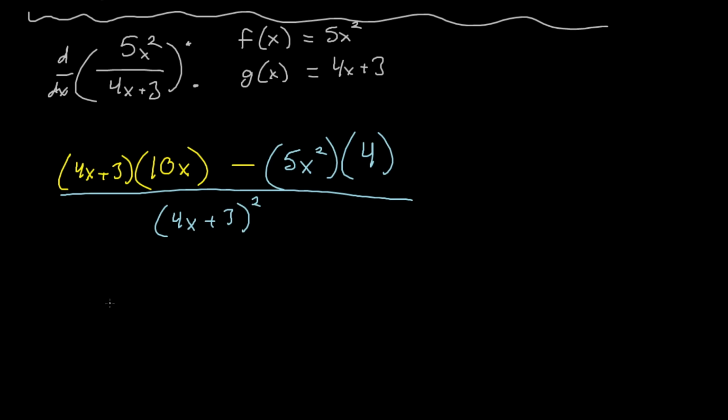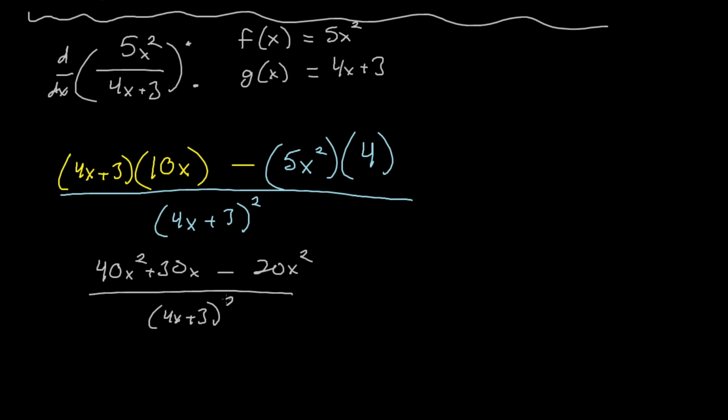So if we simplify this out, we are going to get 40x squared plus 30x minus 20x squared over 4x plus 3 squared, which simplifies to 20x squared plus 30x, all divided by 4x plus 3 squared.